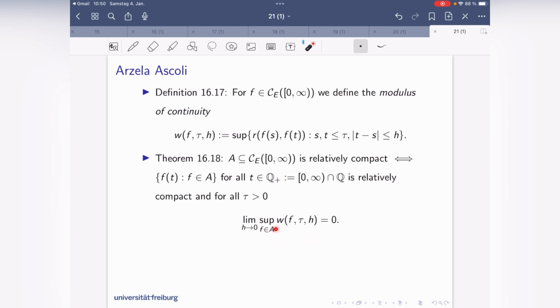And that has to happen also uniformly for all f in the set A. Okay, so please keep this modulus of continuity, which is the largest jump between two close time points, in mind.